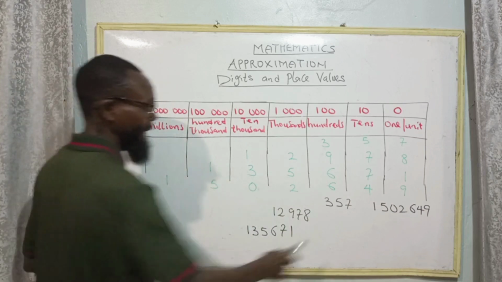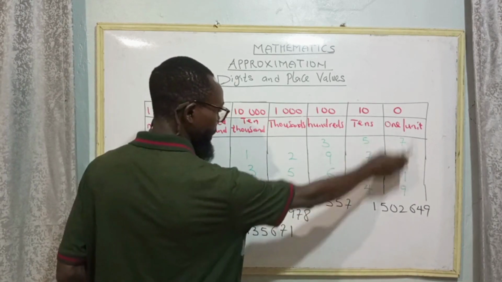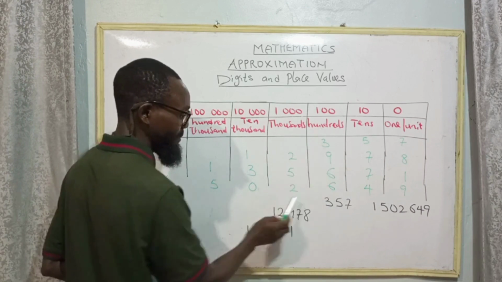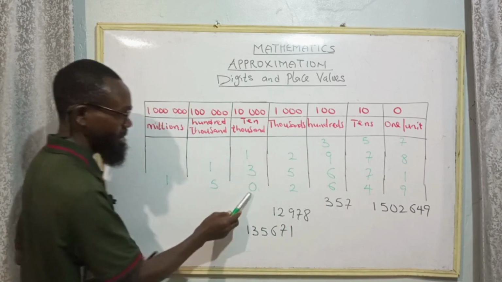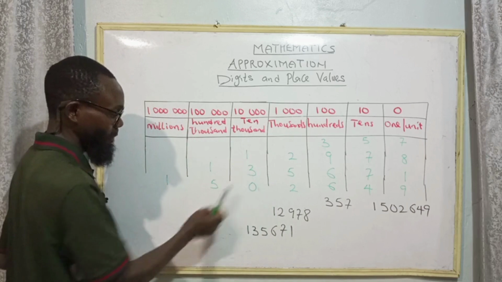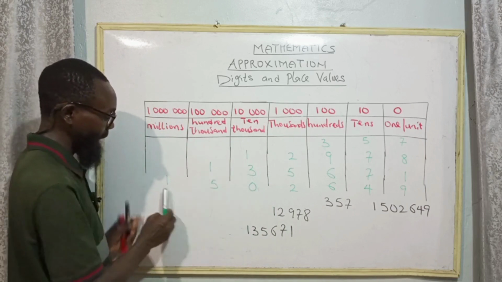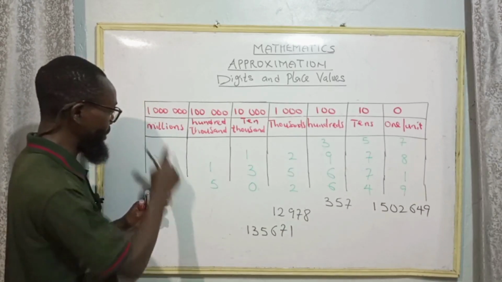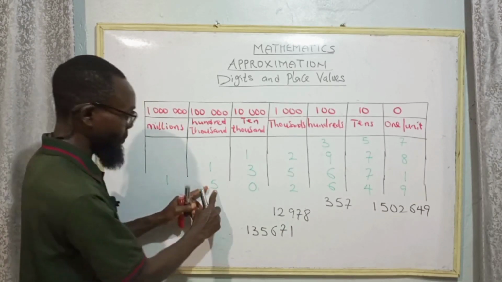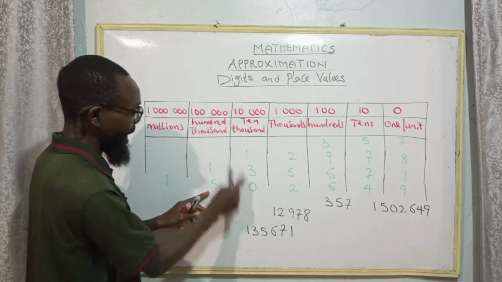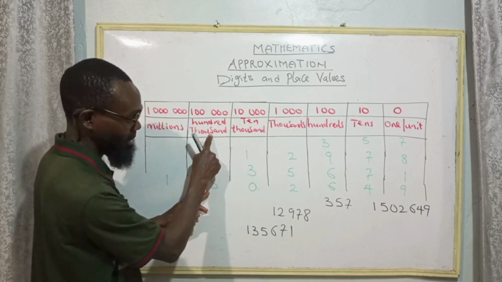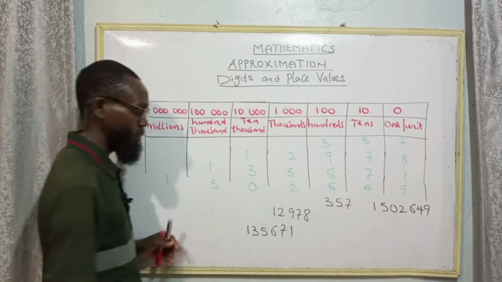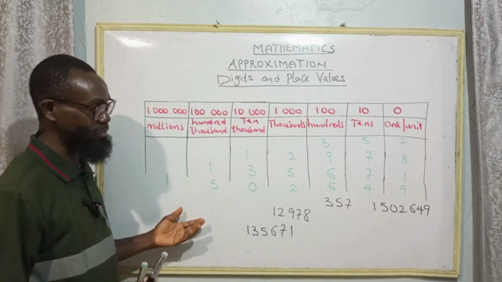Now the place value of 9 is 1 or units. The place value of 4 is tens, 6 hundred, 2 is thousand, 0 is 10,000, while 5 is 100,000, and 1 is million. So to now read this, we have 1,502,649. So this is how to determine the place values.